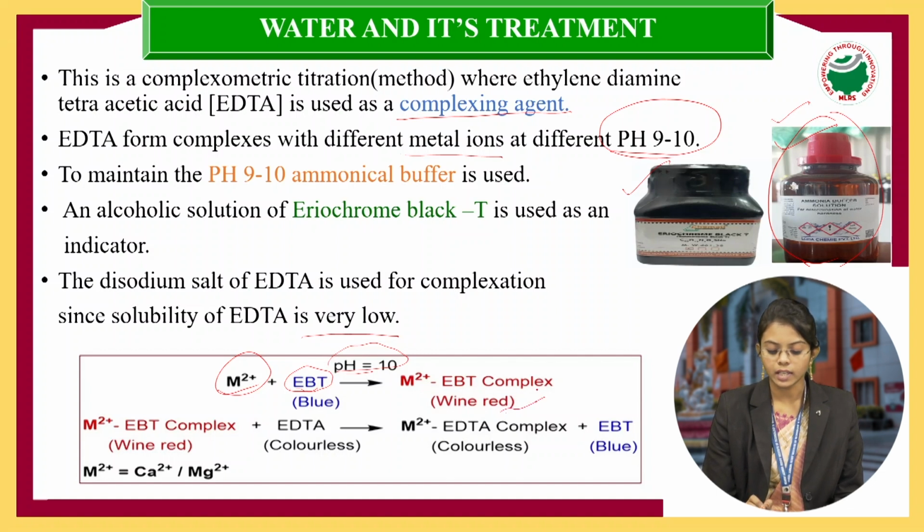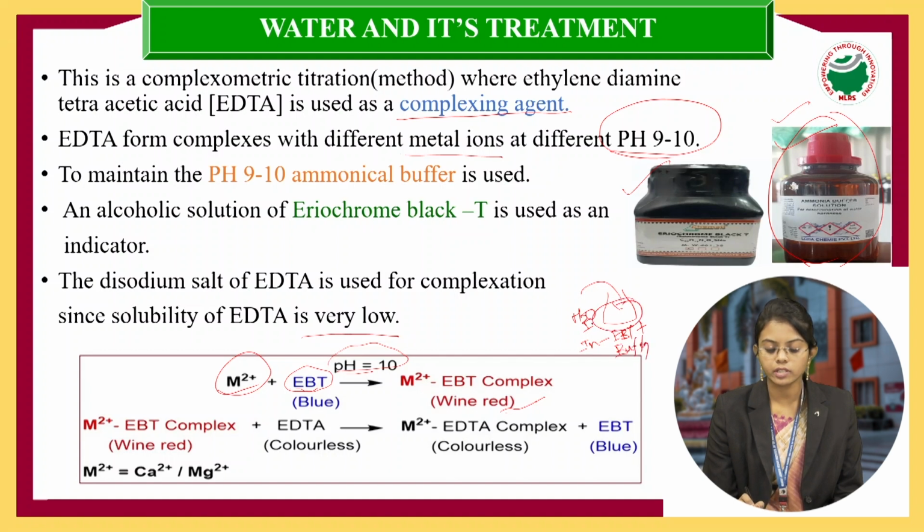So, this color you can see in this solution. You are taking a flask and you are going to add water, and to this water you are going to add the indicator, that is EBT, and to this you are going to add ammoniacal buffer.